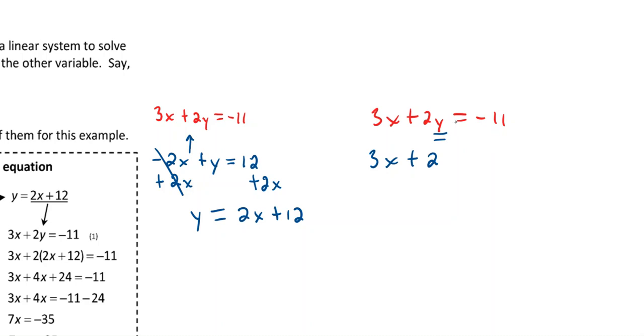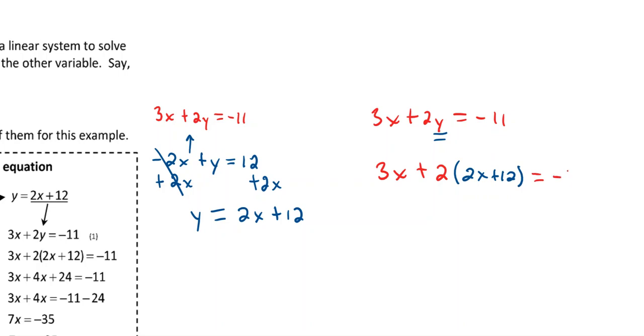What is y equal to? It's equal to 2x plus 12. So I'm going to sub in 2x plus 12. Oh, sorry, I should have made that red, just so you can see it. 3x plus 2, and now I'm going to sub in 2x plus 12.